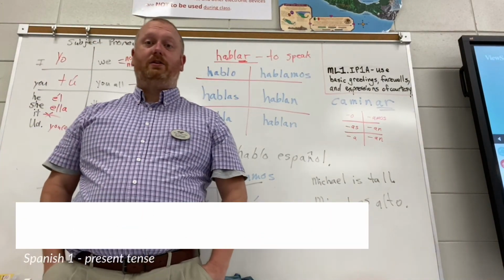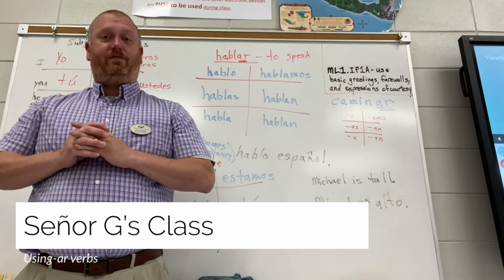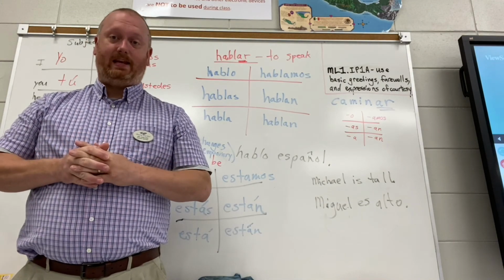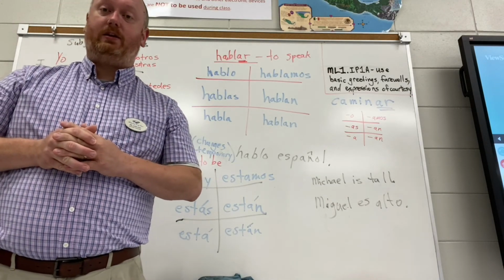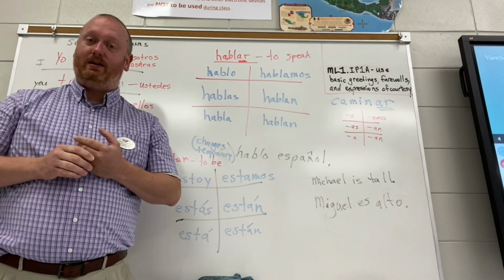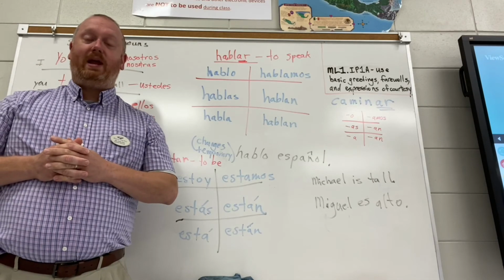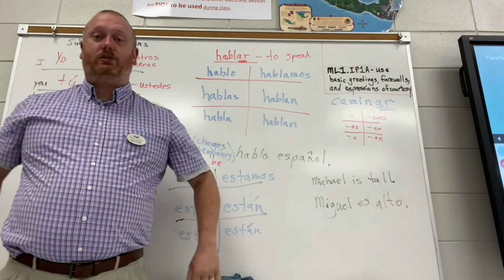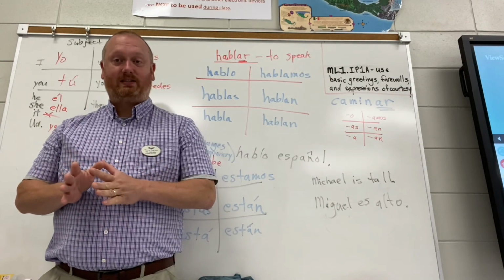All right, the other day we talked about how verbs in Spanish have endings, and those endings help us to indicate who is speaking or who is being talked about in the sentence. For example, we had two phrases that you all have learned previously. We learned ¿Cómo estás?